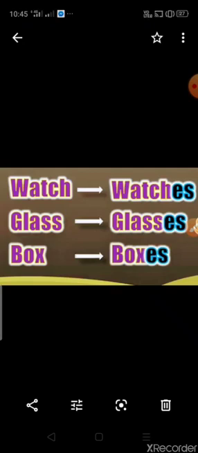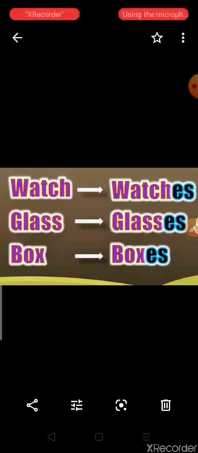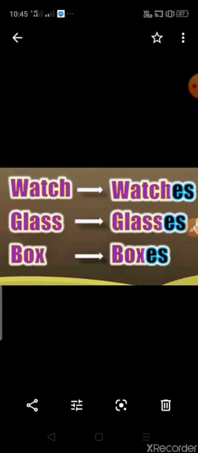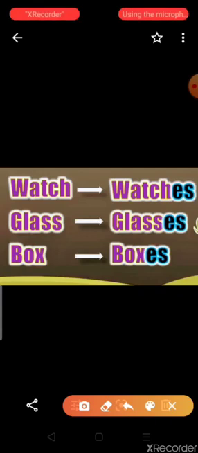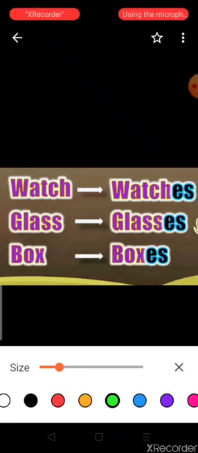One important thing while making plurals is that ES will only be added when the noun ends with the letters S, SS, CH and X. Now here we can see on the screen the first word, watch. The word watch ends with CH, so while making the plural, we add ES.